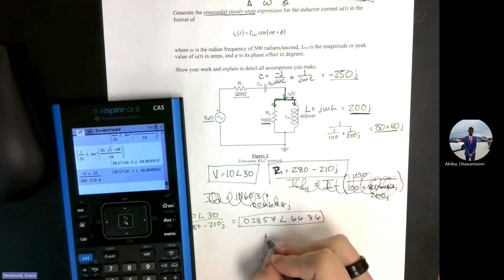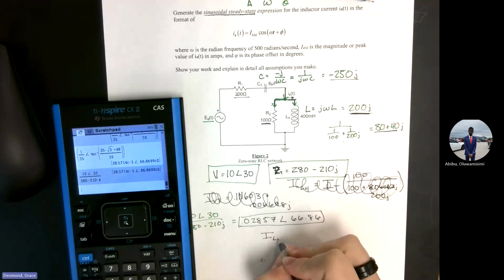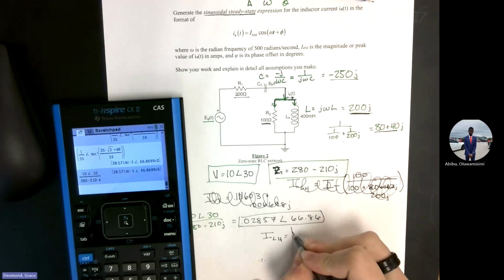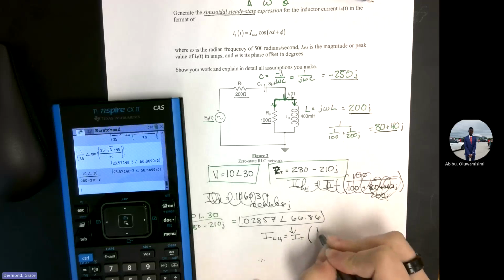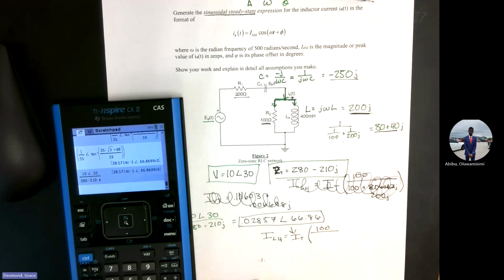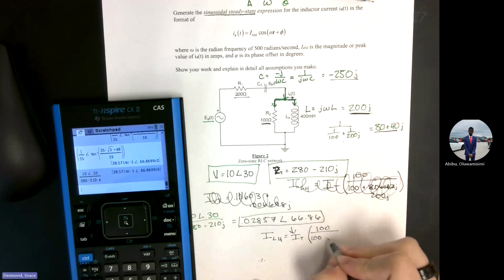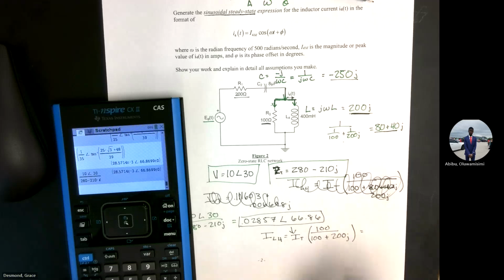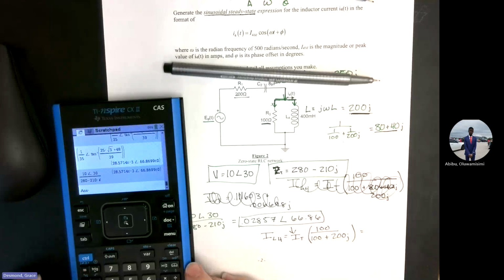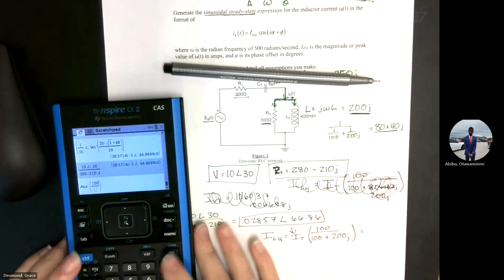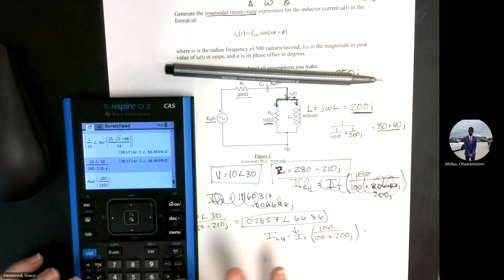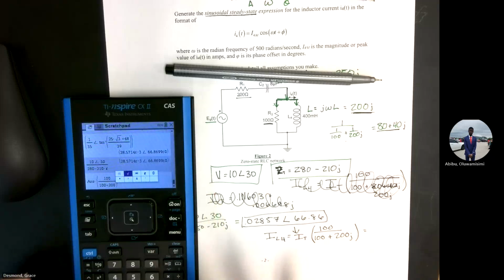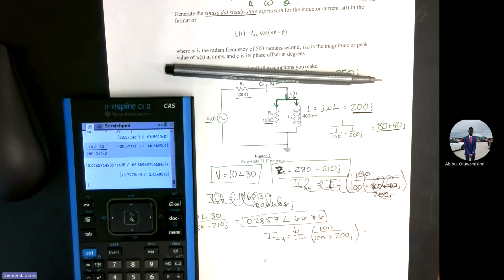Now we're going to do the same thing I said before. IL4 equal to that I total times 100 over now 100 plus 200J, which is equal to a less nice number.